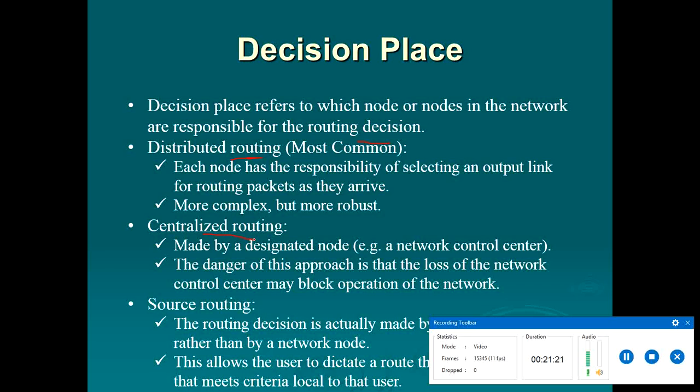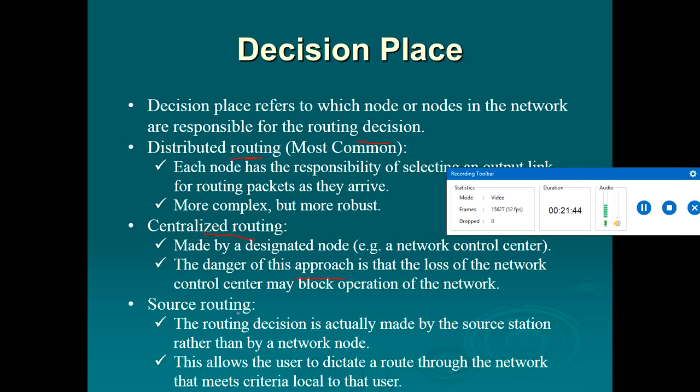Another form of routing is centralized routing. It may be a certain designated node, maybe a network control center, or for example any chosen node. The danger of this approach is the loss of the network: if that node fails, it may block the operation of the network.